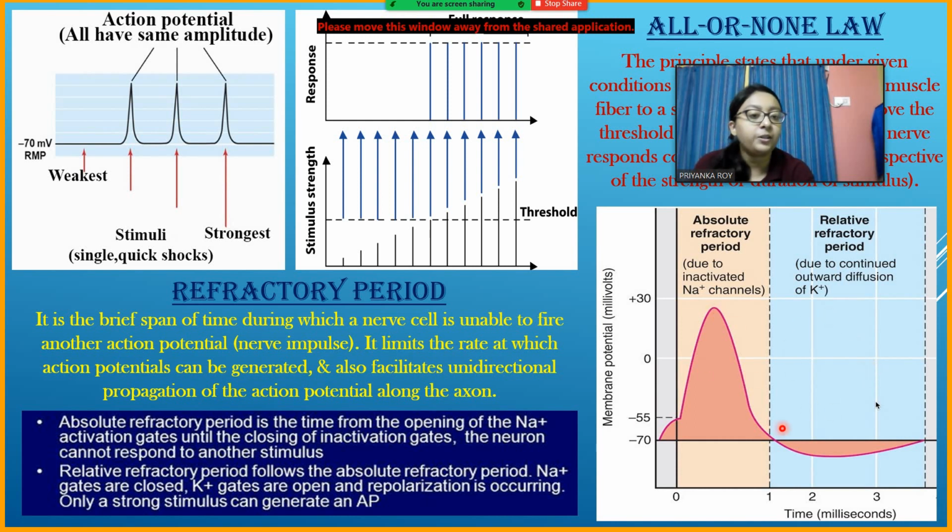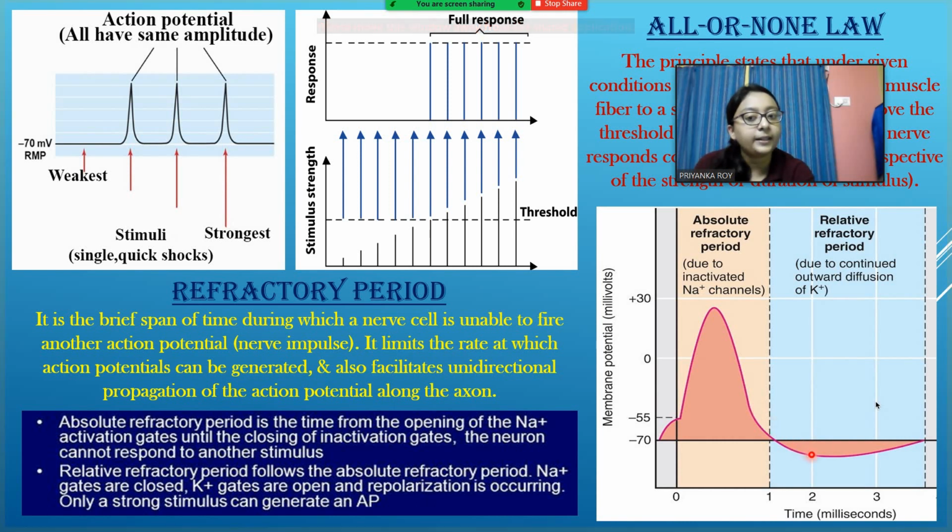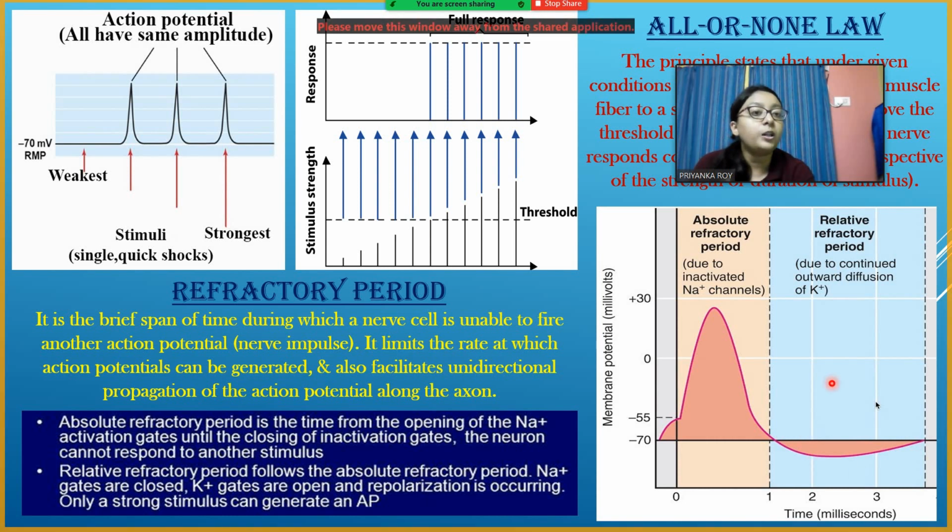And the relative refractory period is when the potassium gates are being closed slowly towards the end of the spike, and it is coming back to the normal resting membrane potential. In this phase, a weak stimulus will not be able to generate any action potential, but a strong stimulus can. So this is known as the relative refractory period.